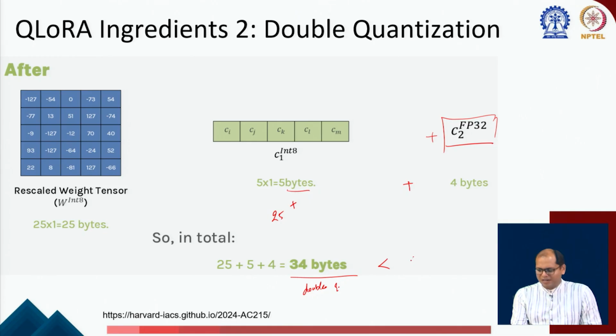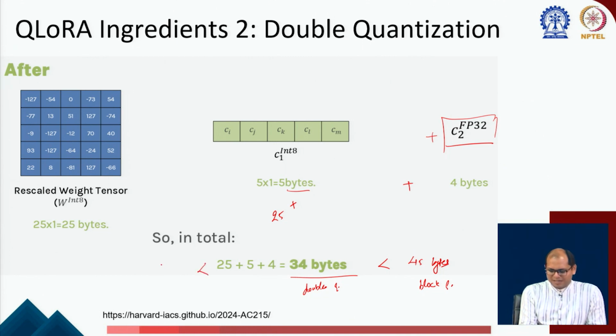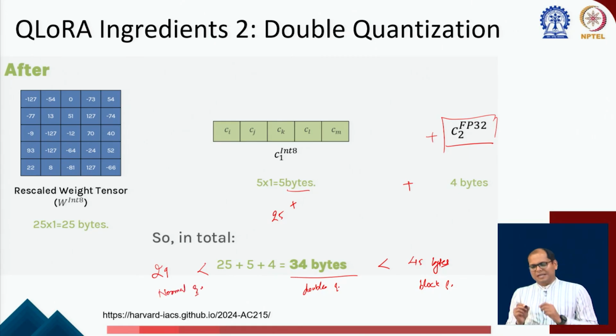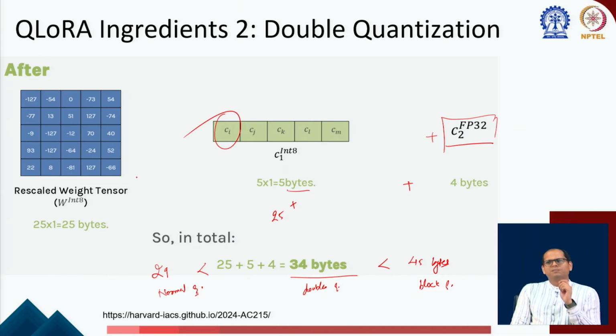It is less than what you get in block quantization, but it's greater than what you do in the normal quantization, right? But it has its advantage that now this outlier will not impact, right? Because even these numbers, the individual things that you are storing per block, are not the max value, they are 127 divided by abs max.